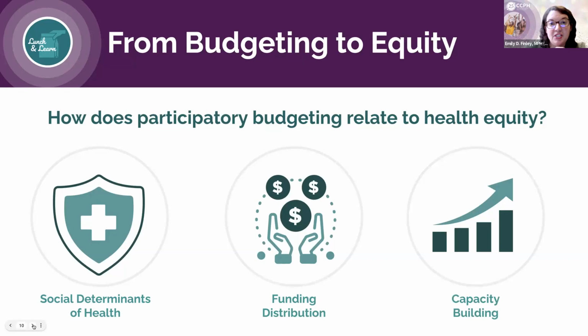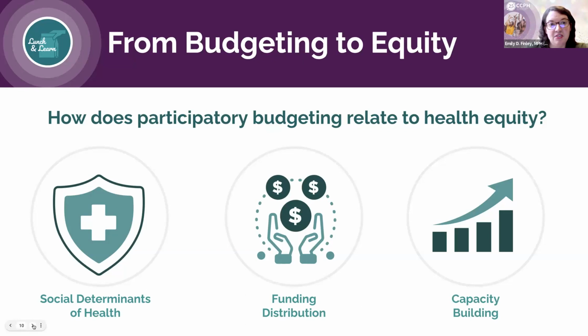So participatory budgeting can be used to increase health equity because it addresses these social determinants of health. All these places are schools. It can address things like built environment. Do you have parks in your neighborhood? Things like clean air, clean water.